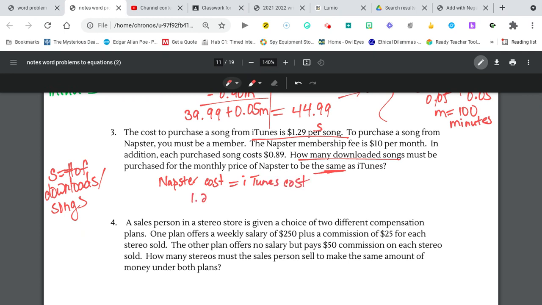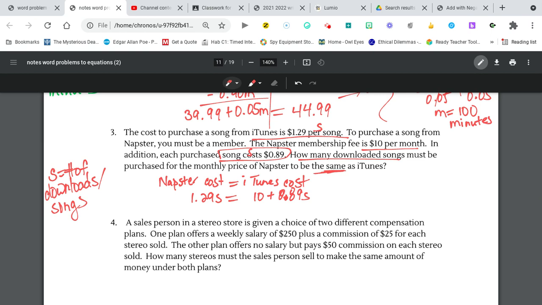So that's $1.29 a song. And then for Napster, you got to pay the $10 a month. That's automatic. Even if you don't download a song, they still want the money. And then each song is 89 cents. So that S and 89 are going together. I'm going to put the 89 cents first, because we normally put our coefficient first, okay?